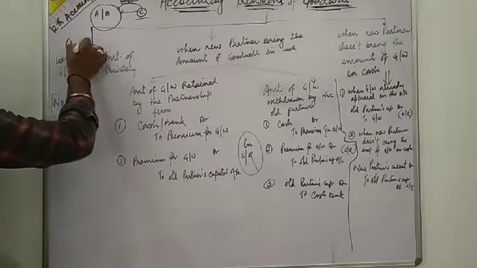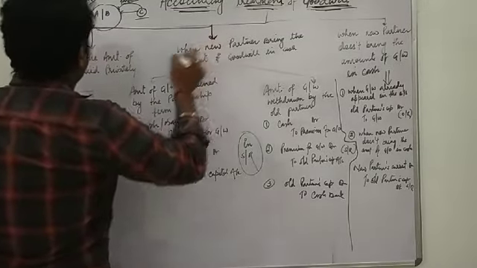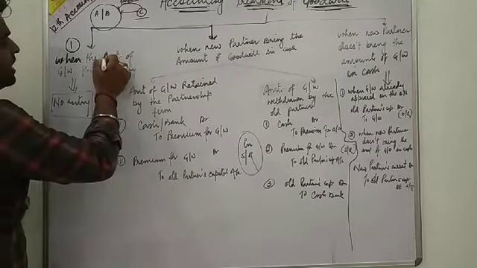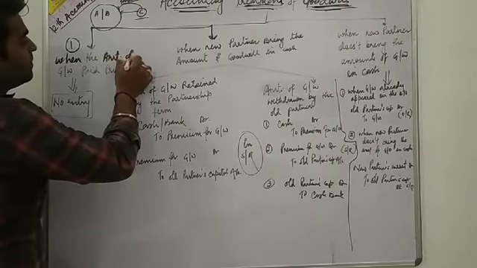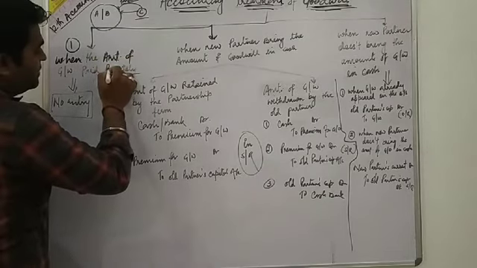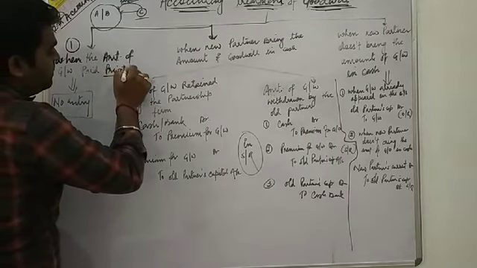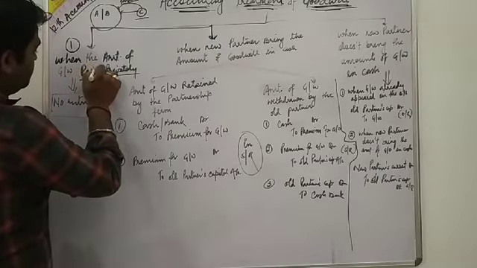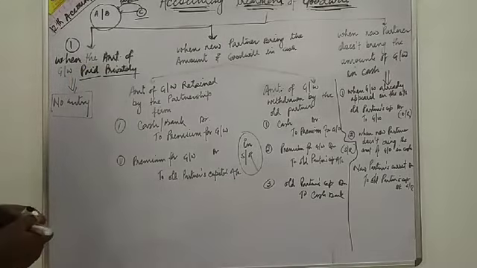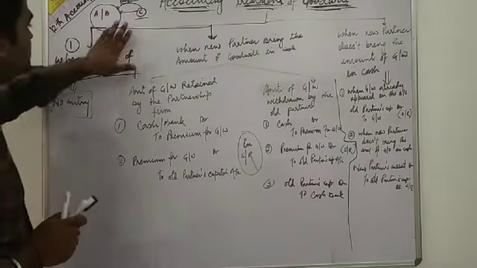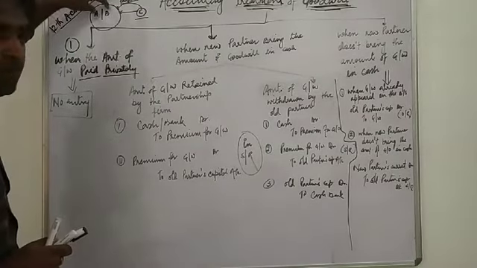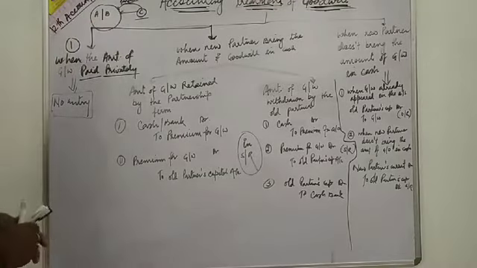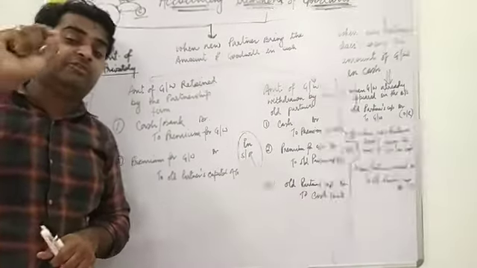See the first method: when the amount of goodwill is paid privately. Suppose A and B are two partners and C is bringing the amount of goodwill in cash, but C is paying privately.